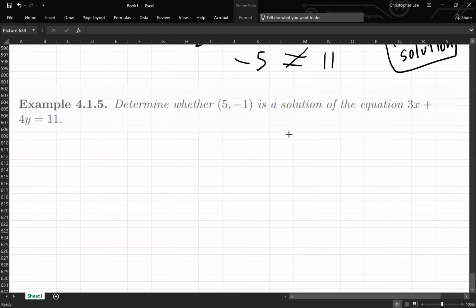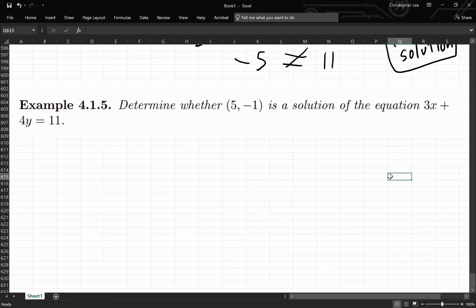But for right now, it says determine whether 5 comma -1 is a solution to the equation 3x plus 4y is equal to 11. Let me rewrite that real quick. So I have 3x plus 4y is equal to 11. That's the way it looks. And I want to know if 5 comma -1 is a solution to that.